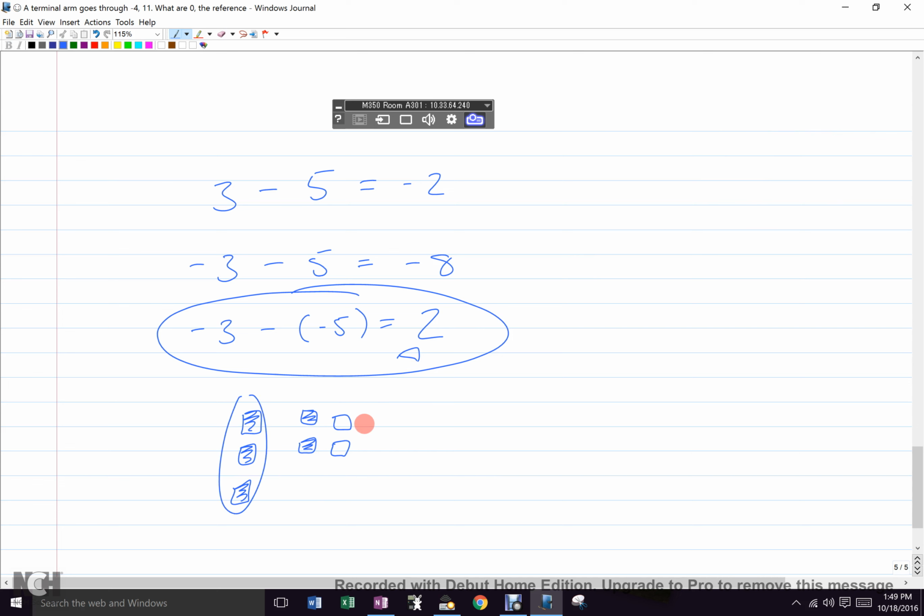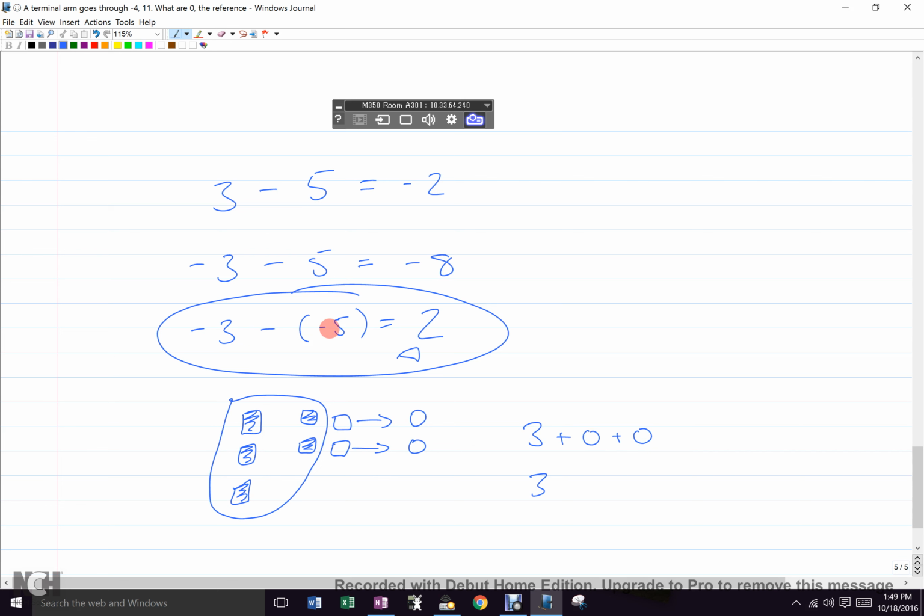How much is this? 0. How much is this? 0. So I started with negative 3 and then I added 0 twice. How much do I have? Still have negative 3, don't I? But now I have the 5 negatives I need to do take away negative 5.